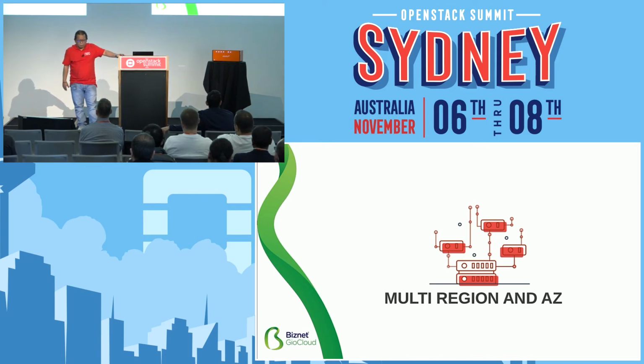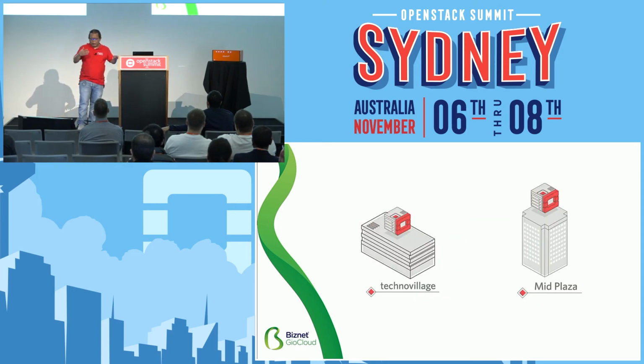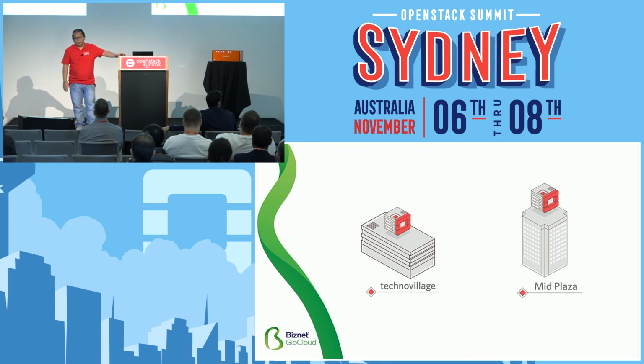Bootstack built us three availability zones in every region. We have two regions for this deployment, one in West Java, our area in Indonesia, and one in Jakarta, our capital city. Each region has three availability zones, like I said earlier.